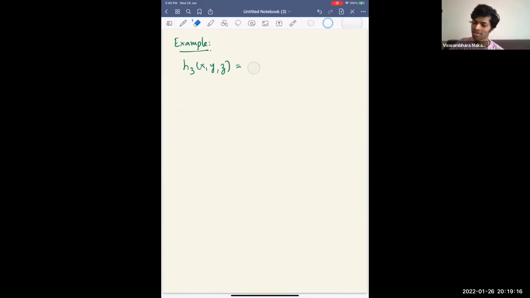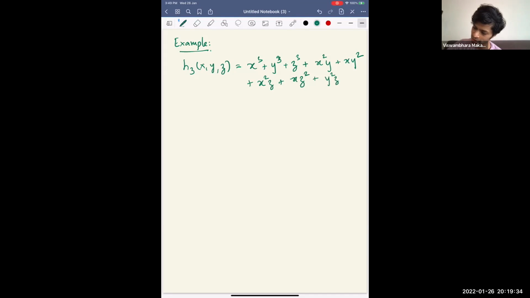I'm going to write it out once, just so that there's no confusion here: x cubed plus y cubed plus z cubed plus x squared y plus x y squared plus x squared z plus x z squared plus y squared z plus y z squared plus x y z.